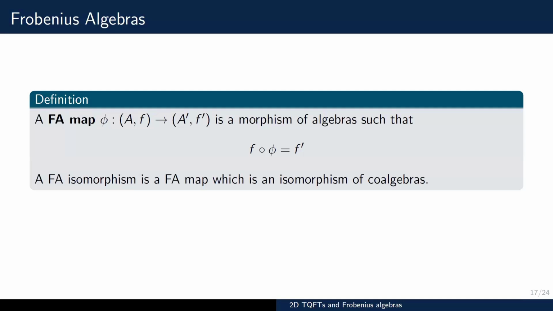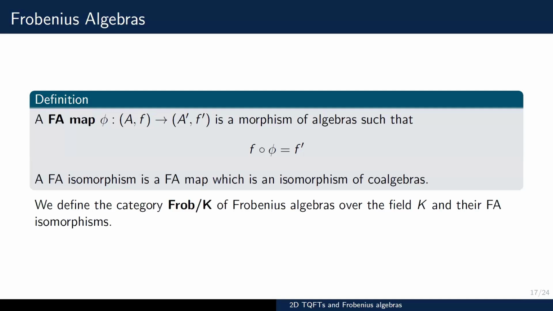If, moreover, this morphism is also an isomorphism of coalgebras, then we just call it a Frobenius algebra isomorphism. Why we need to define this is just to define the category of Frobenius algebras over the field K, where morphisms are FA isomorphisms. So we are going to stop the Frobenius algebra section over here, but there is quite a bit more to be said about them.